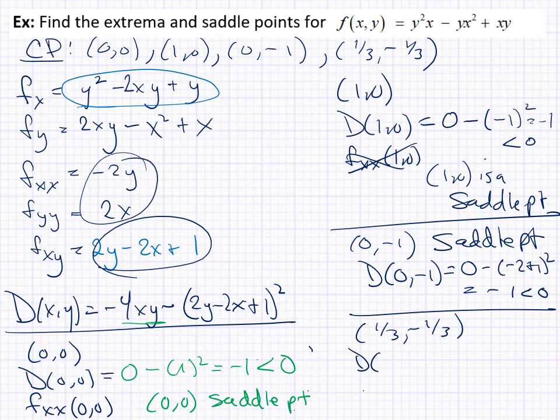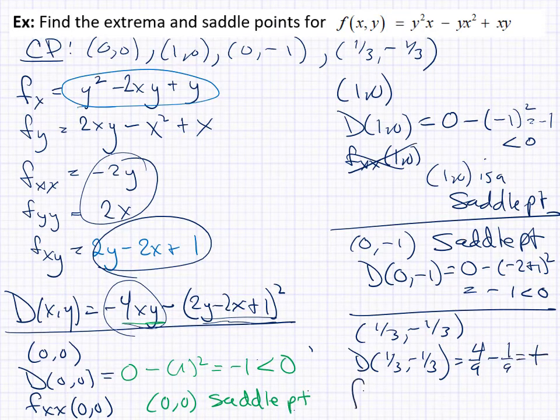So look at the discriminant for 1/3, negative 1/3. Okay, so we plug it in here. What are we going to get? You're going to get 4/9 minus, plug it in here. So we'll get what? This will be minus 1/3 squared, so 1/9. So that's definitely positive.